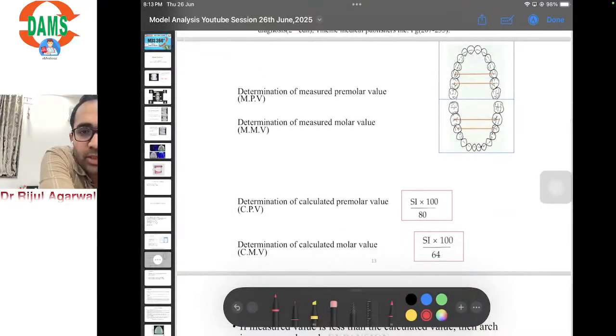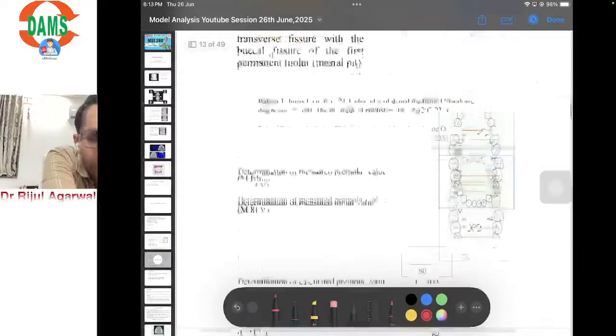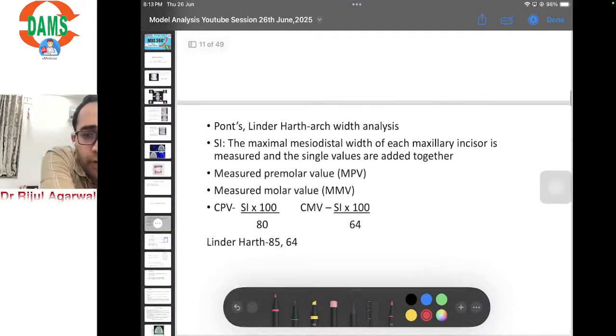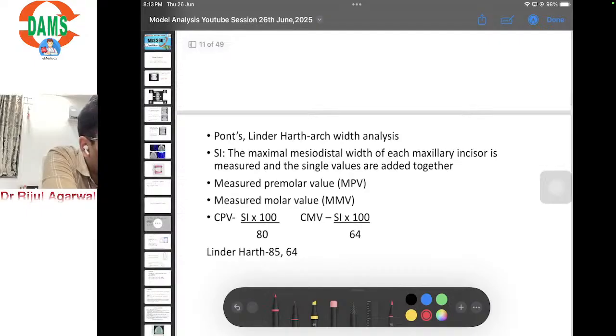So we determine the measured premolar and the measured molar value. On the study model, using a divider and scale, we place the divider pointers at the requisite points and get the measured premolar and measured molar values.